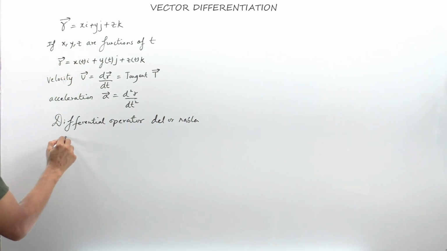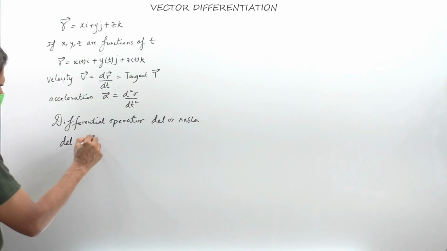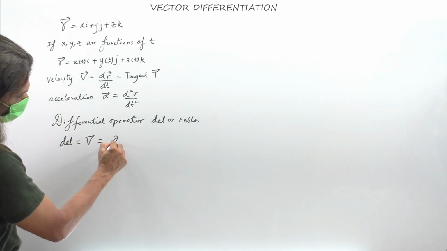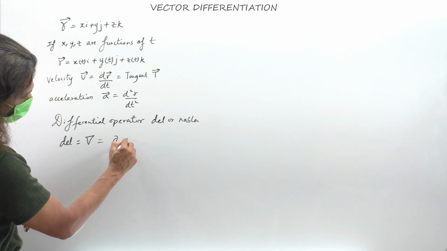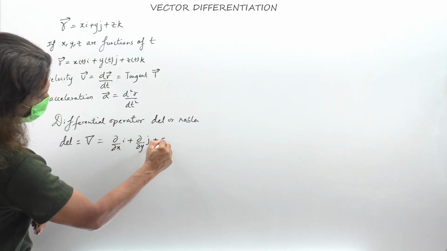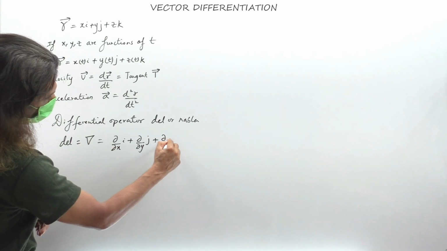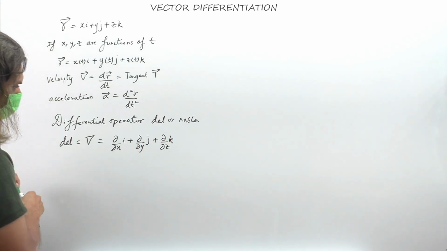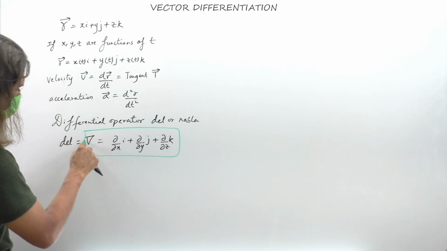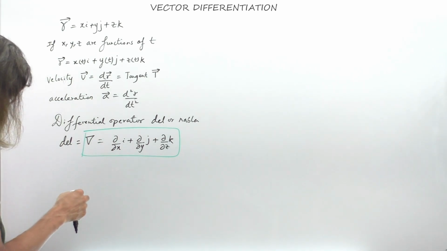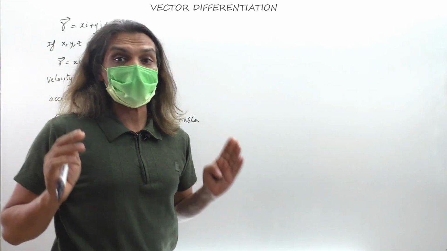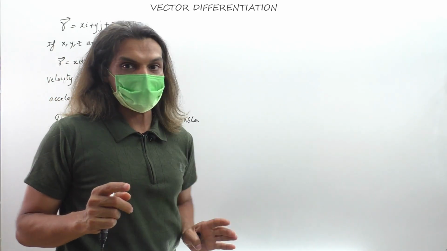So, we write it like this, del is equal to inverted delta, that is given as dou by dou x of i plus dou by dou y of j plus dou by dou z of k. Very important to remember. So, what is del? Del is dou by dou x of i plus dou by dou y of j plus dou by dou z of k. But you need to memorize this.